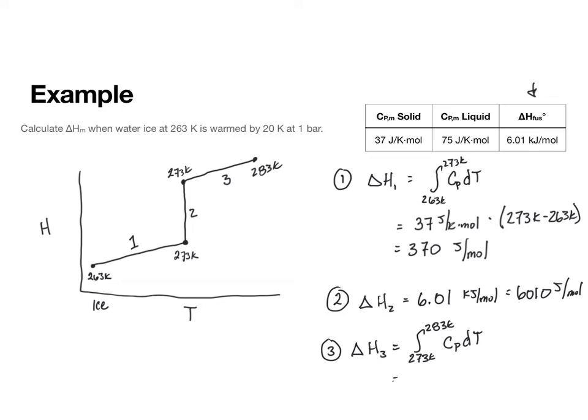And so this gives us 75 joules per Kelvin mole times 283 minus 273 Kelvin, giving us 750 joules per mole.